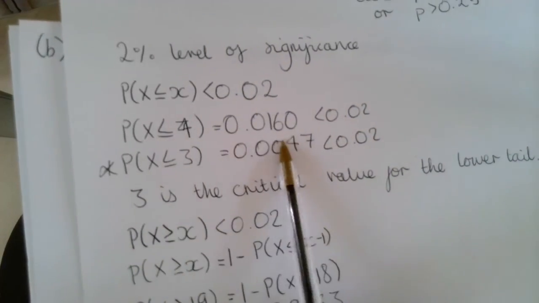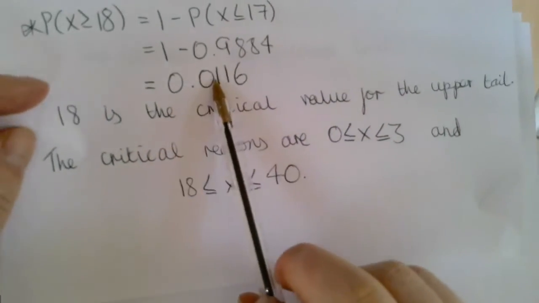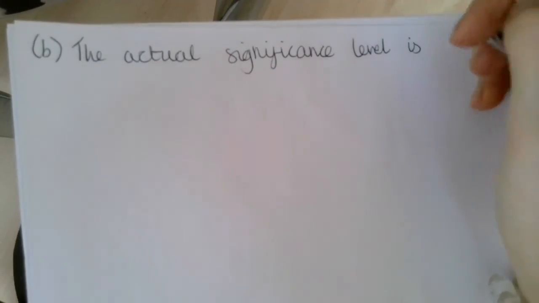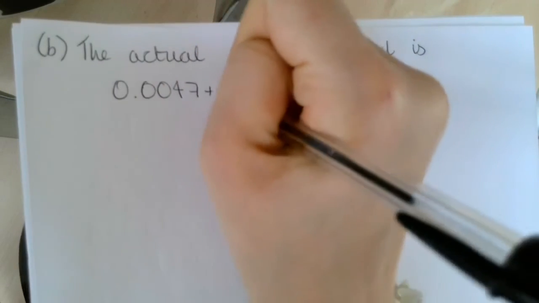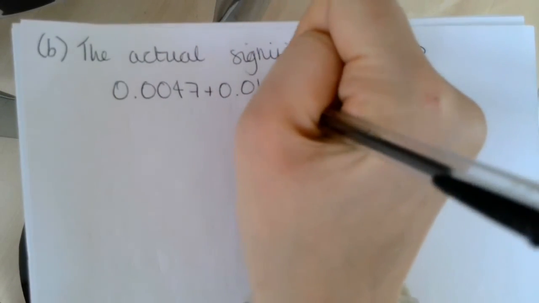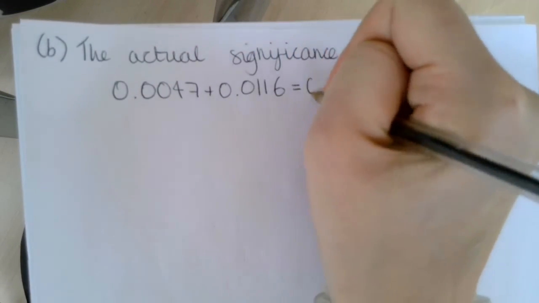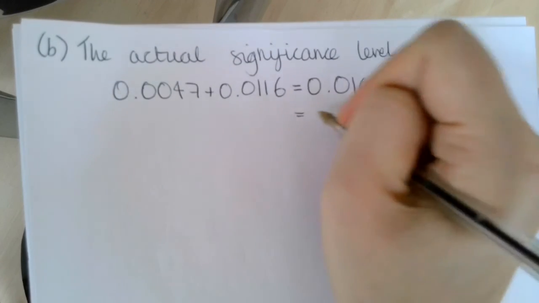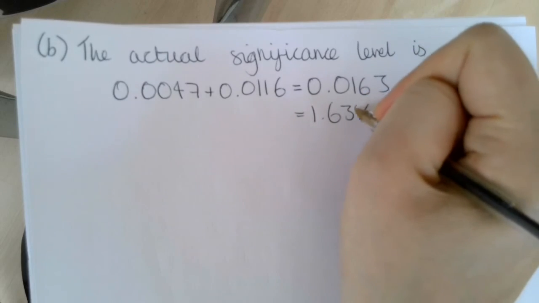So we're going to add the probability that x is less than or equal to 3 to the probability that x is greater than or equal to 18, which is 0.0047 plus 0.0116, which is 0.0163, or 1.63%.